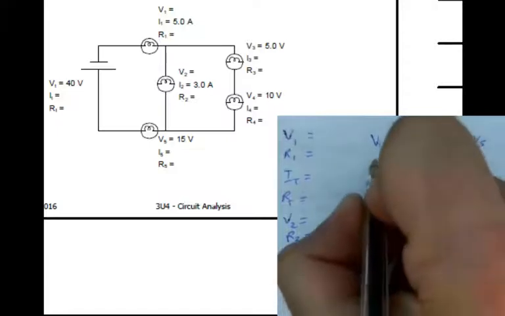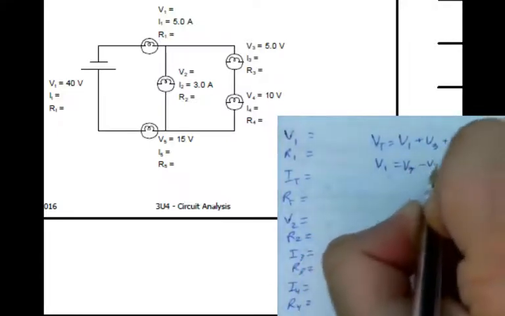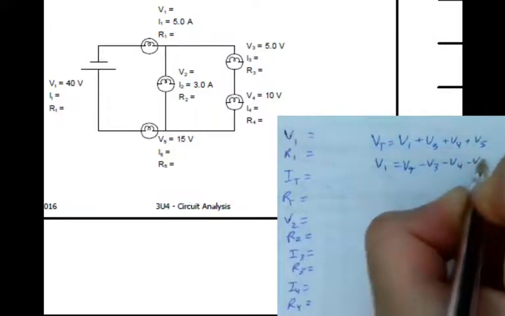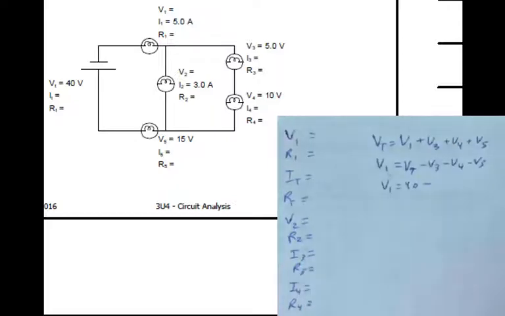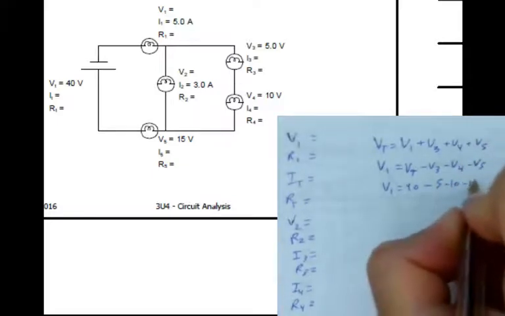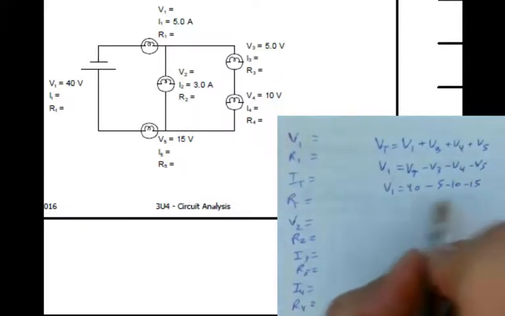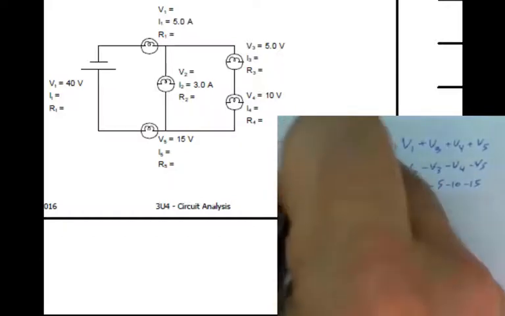So my unknown value V1 is equal to VT minus V3 minus V4 minus V5. So V1 equals 40 minus 5, 10, and 15. So all together, V1 equals 10 volts. So I know my first value, 10.